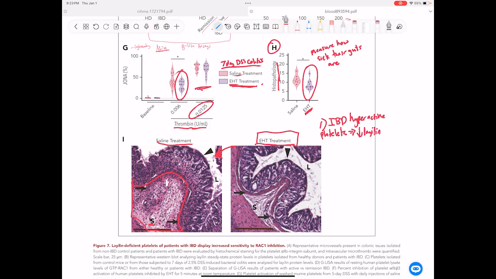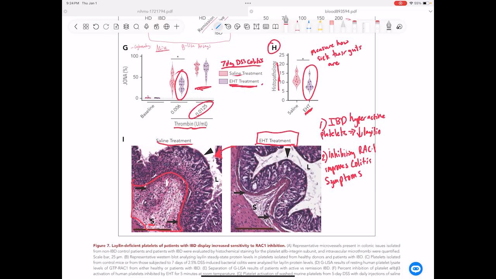So in a human model, a lot of our previous mouse model stuff holds true. And then we have two, inhibiting RAC1 improves colitis symptoms, or at least the few that we saw.